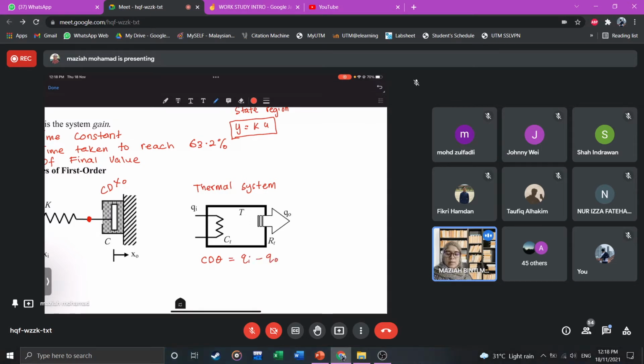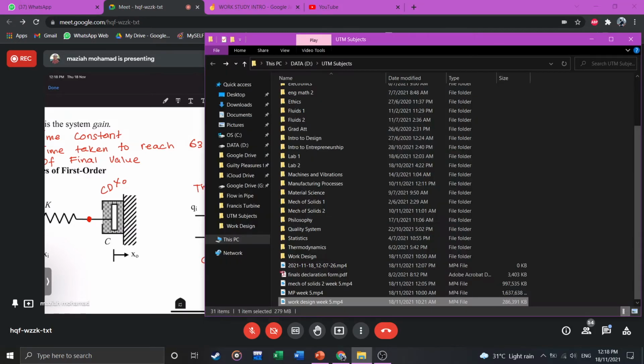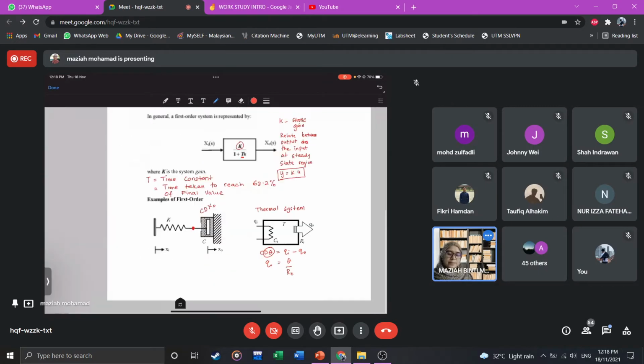The second equation is for the resistance, 1 over R: Q naught is equal to theta over R. So the highest differentiation is d theta here, so this is also an example of a first order system.